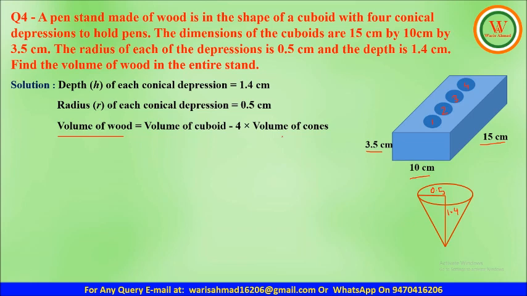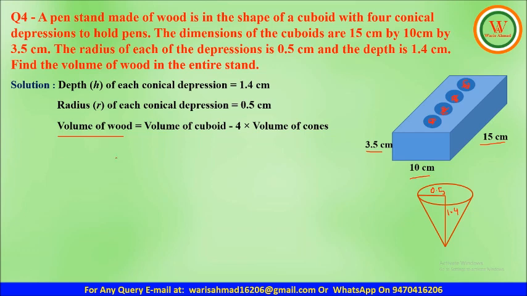Once again I am repeating, if we subtract the volume of all these 4 depressions, because there is no wood inside the depressions, we must subtract all these 4 depressions from the wood, then we can get the volume of wood required to make this pen holder.